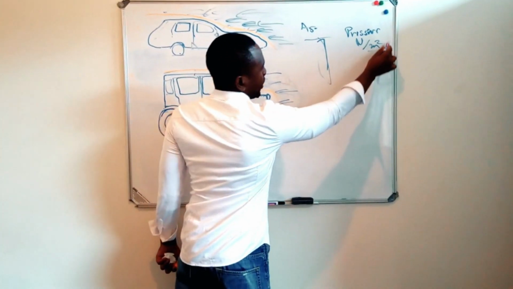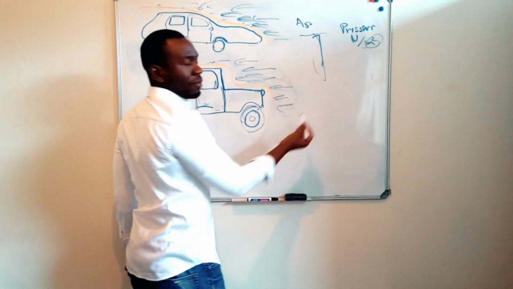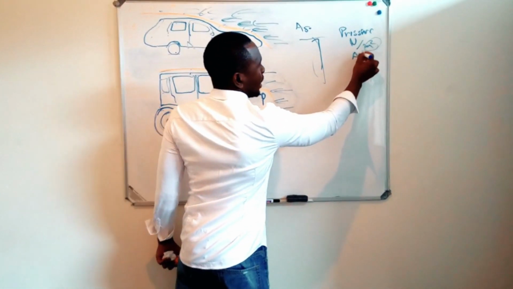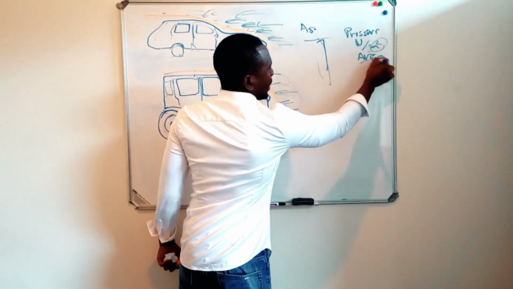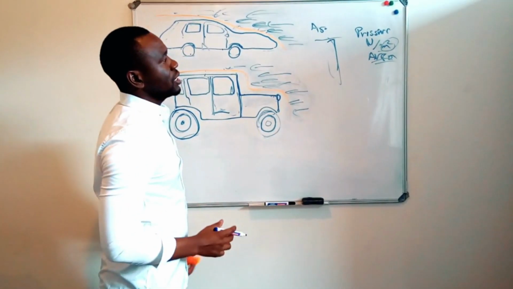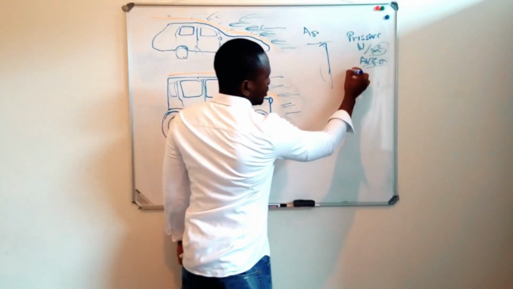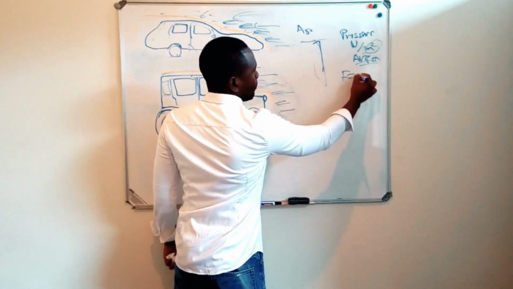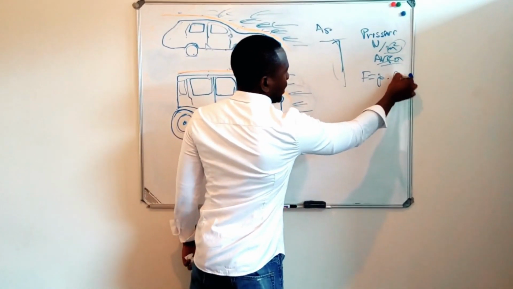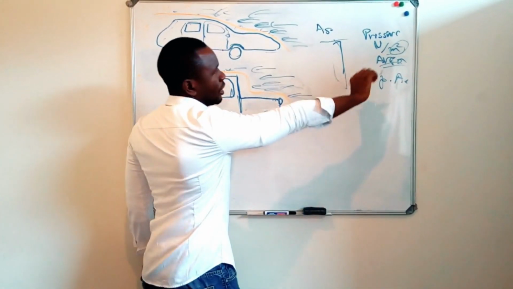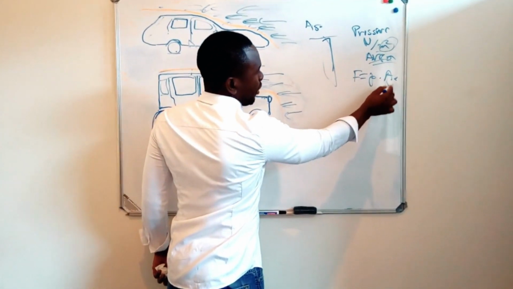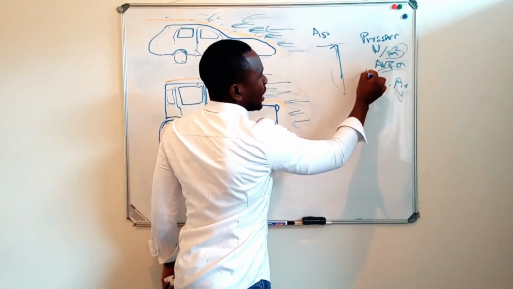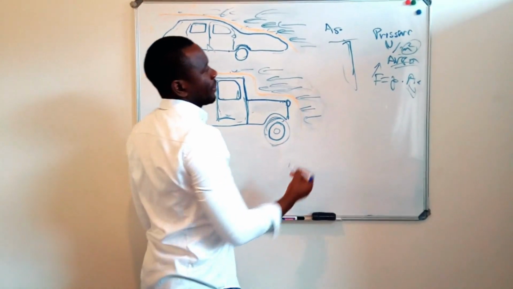When we see meter squared, we're talking about an area. So if we calculate the force, which is given by pressure multiplied by area, the bigger your area, the bigger your force.